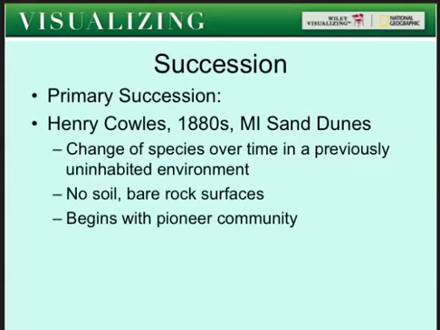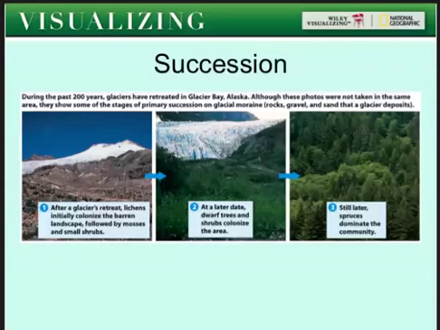The next organisms that are seen in terms of being able to observe these with your eyes, not with a microscope, are mosses and drought-resistant ferns, and then later grasses and herbs. Lastly come shrubs, which are followed by forest trees. And so we can see an example of this here. This is primary succession on a glacial moraine.